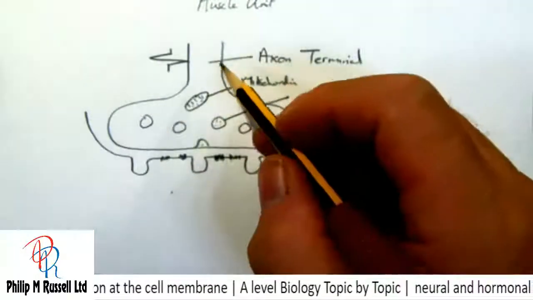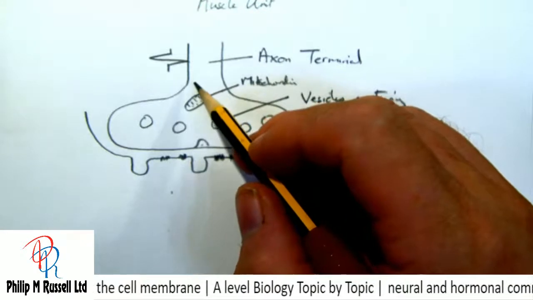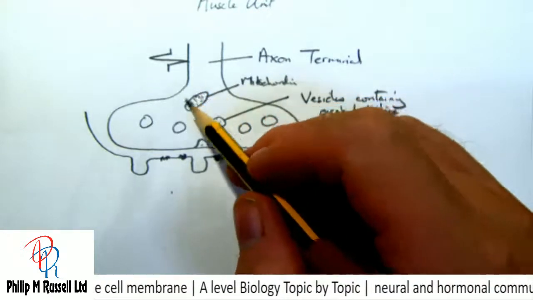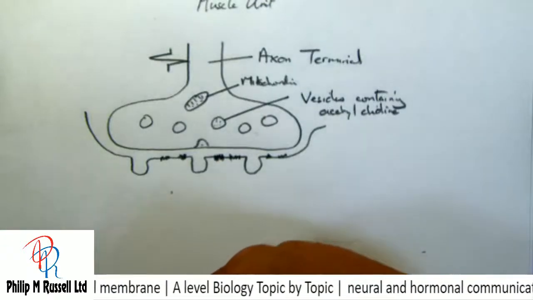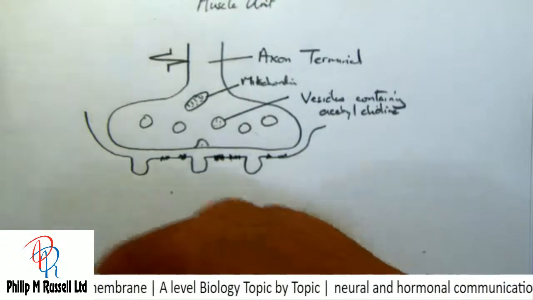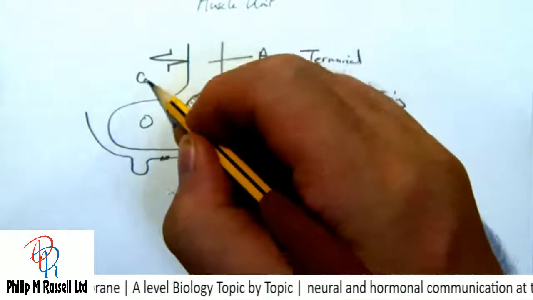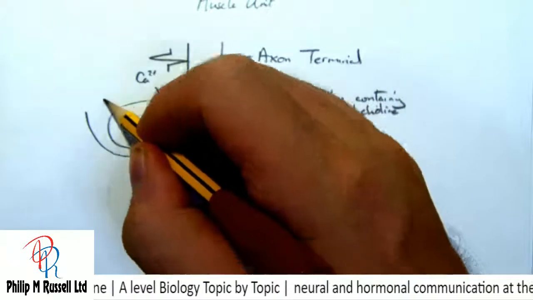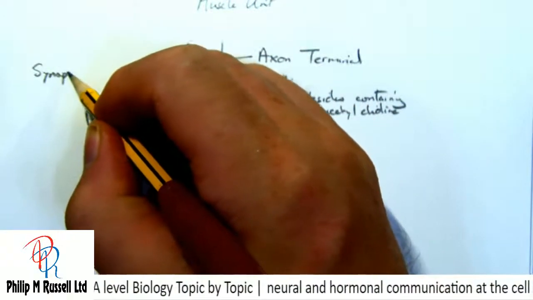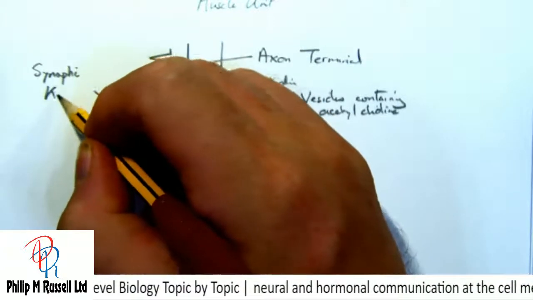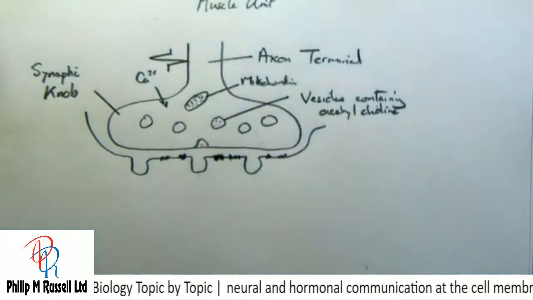So when this action potential reaches this neuromuscular junction, it's going to stimulate these calcium ion channels to open. Calcium ions will then diffuse from the synapse into the synaptic knob. So we'll label that one there.